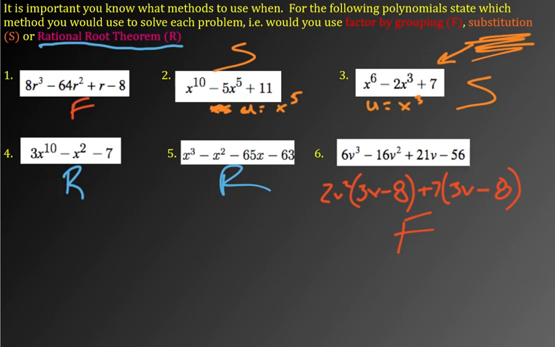It's super inefficient in your time if you always do rational root theorem. Be on the lookout to do factor by grouping or substitution, and if those don't work, then you do rational root theorem. It's your last resort because it is the most tedious one. And that is all I basically want to say about rational root theorem.